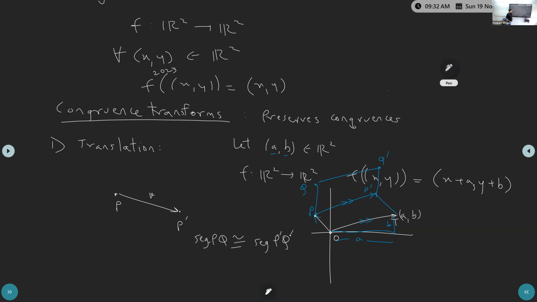And this will happen not only for one segment, you can take any object. It is like common sense, right? If you take any object and you pick it up and place it somewhere else, that is not going to change its congruence. All the angles, everything will be preserved.